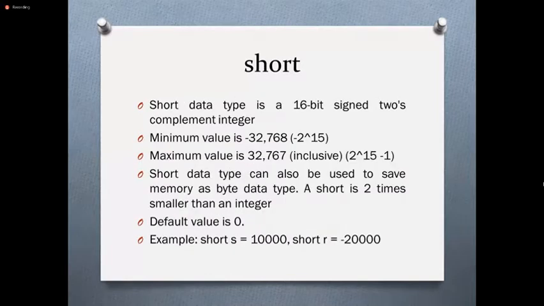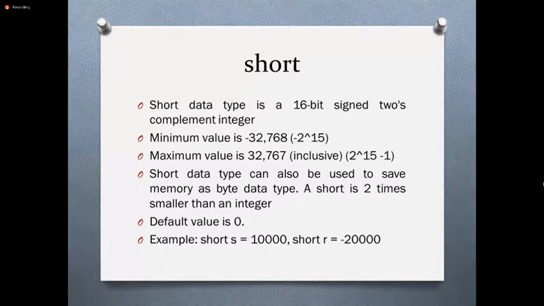Then the next primitive data type is short. If we take the short data type, its size is 16 bits. The minimum value is -32,768. The maximum value is 32,767.